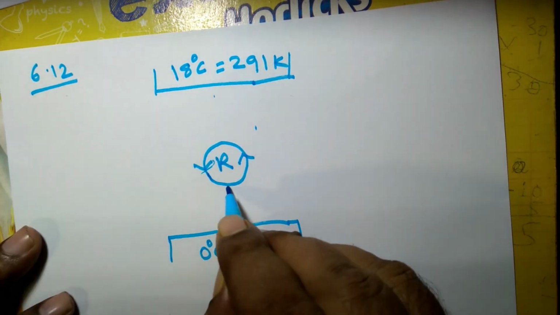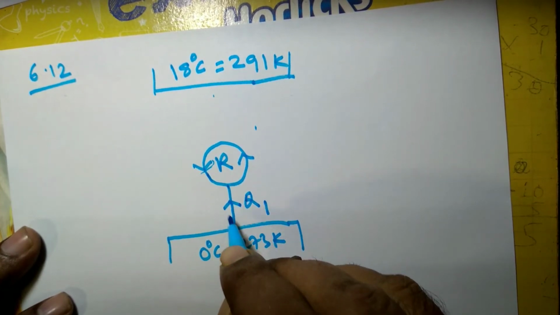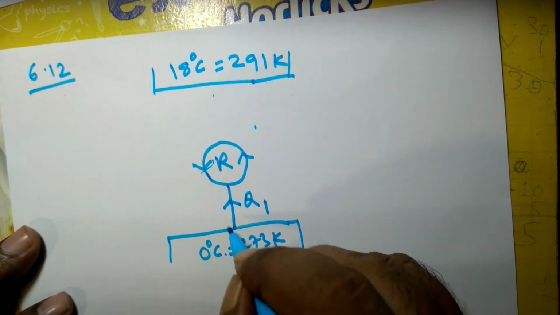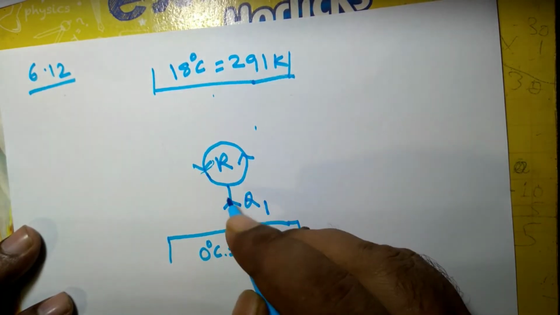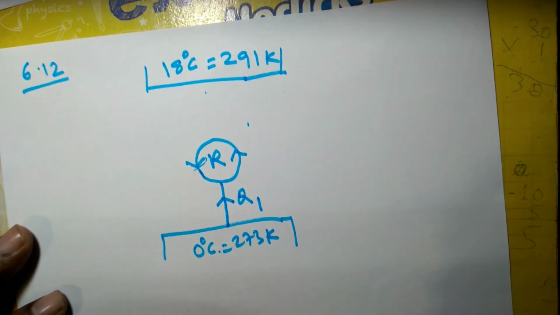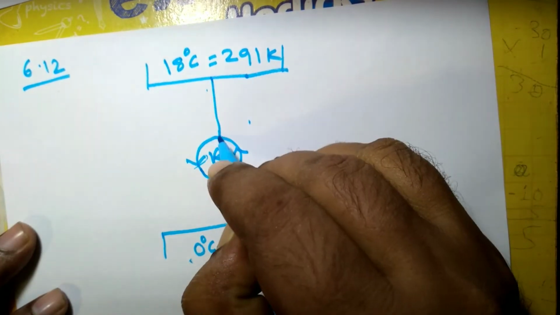So suppose this heat is Q1, it is removed by the refrigerator continuously. So how to produce ice? We have to continuously transfer heat from this low temperature and supply heat to this high temperature.